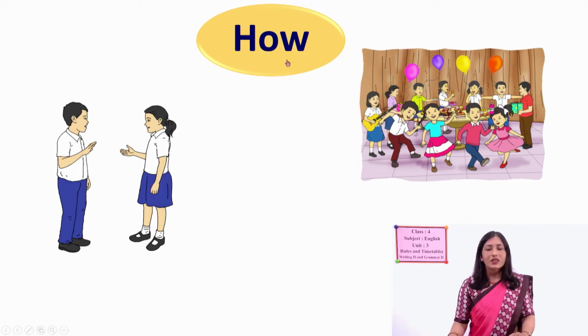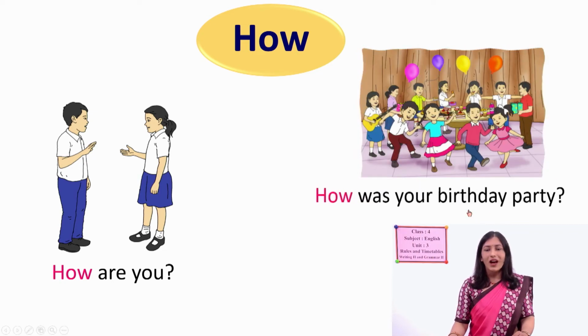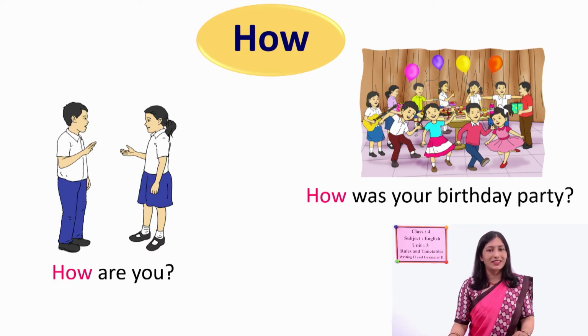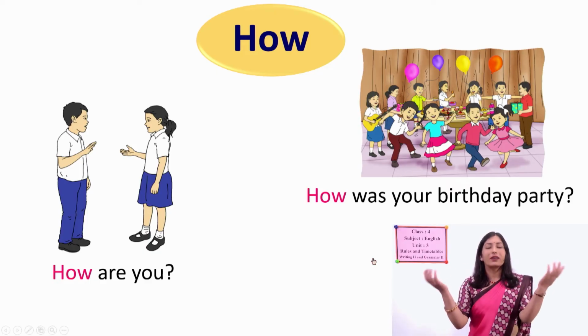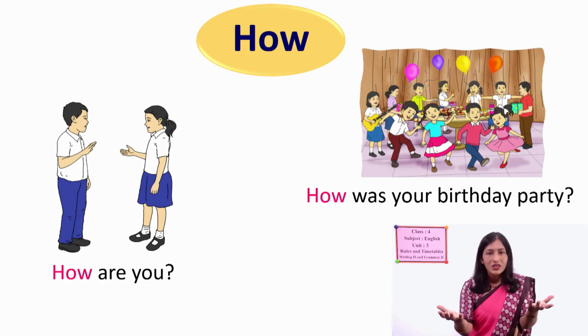And next one, how. Okay, so you can use how to ask question like this. How are you? Yes, how are you? The same way. How was your birthday party? Okay, to ask about things, how the things happen.